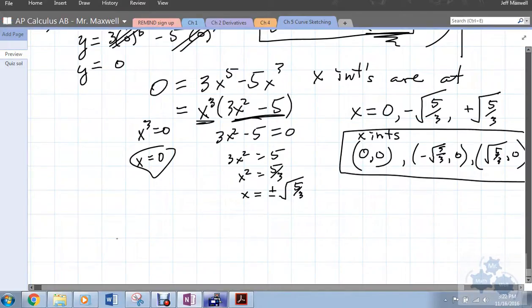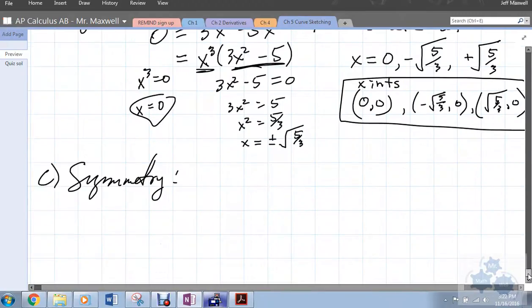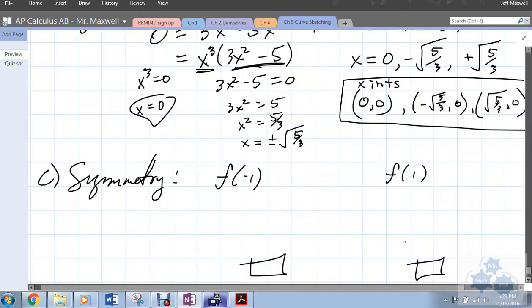Getting this? All right, C, what's C? Symmetry is C. So, as I mentioned before in the lesson, you might want to check f of 1 and f of negative 1. If you do that, then you can examine the answer that you get, and you have an indication if there exists any symmetry.